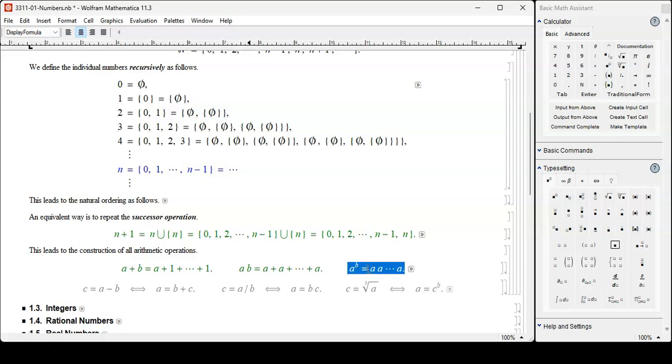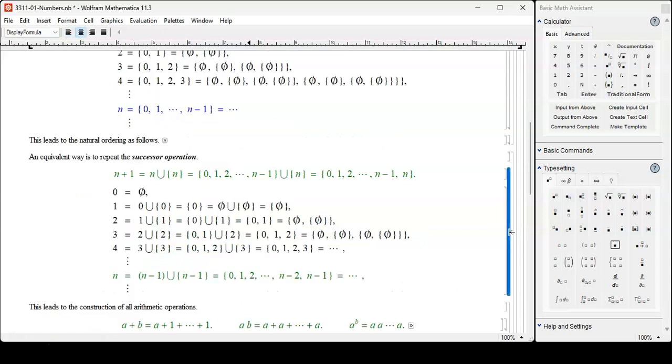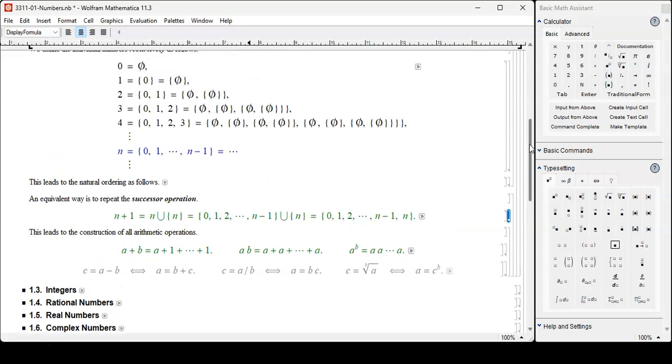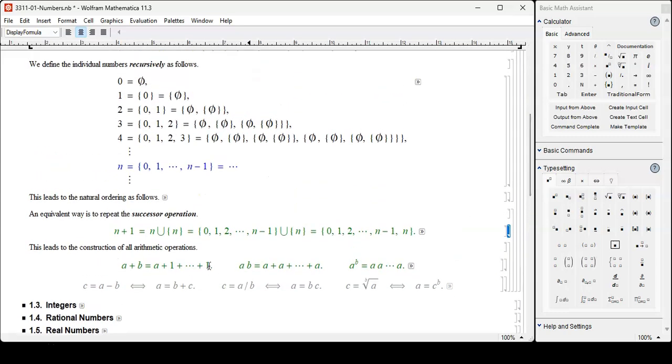And then repeated multiplication will yield the power operation, a times a times a times a, repeated b times. And deep down, they all come from the successor operation. And that repetition is, as a matter of fact, equivalent to the construction of everything. So all these operations are well defined.